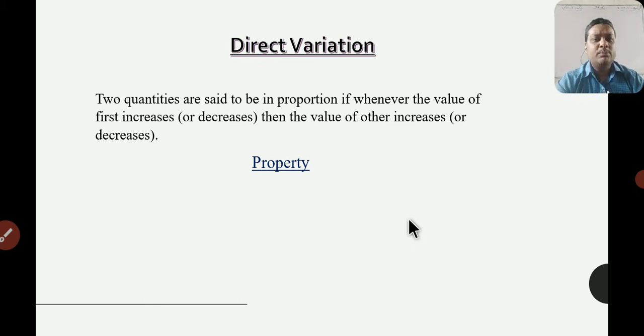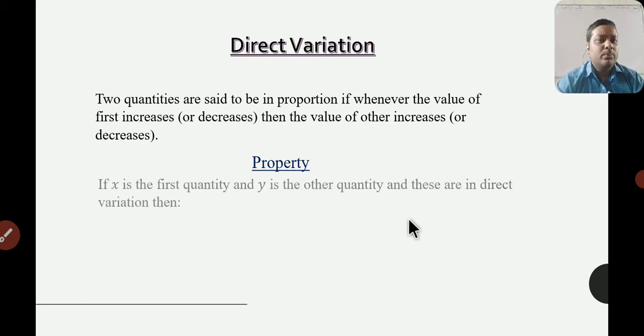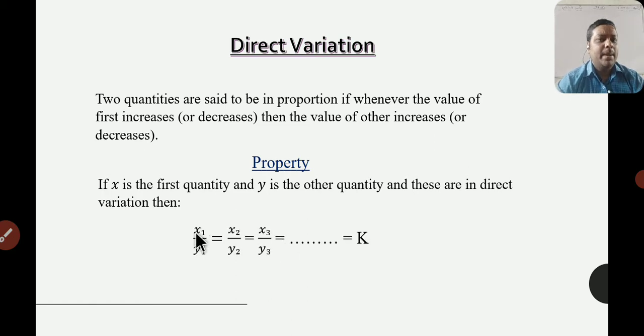So what is the property? If x is the first quantity and y the other quantity, then these are in direct variation, and in that case we divide the first quantity by the other. For example, x1 and y1 are the first quantities, x2 and y2 are the second, x3 and y3 are the third, and so on.